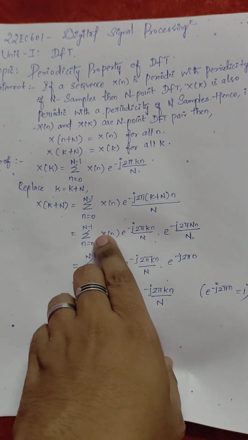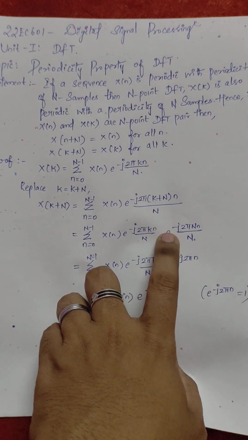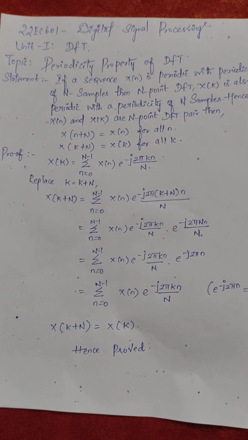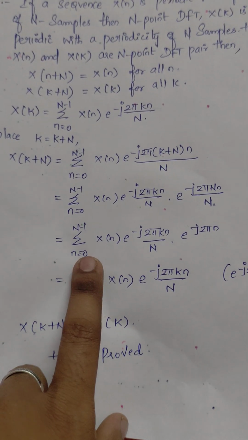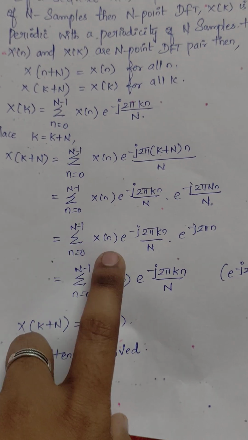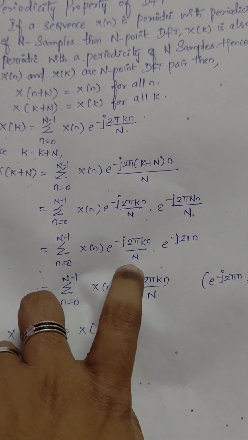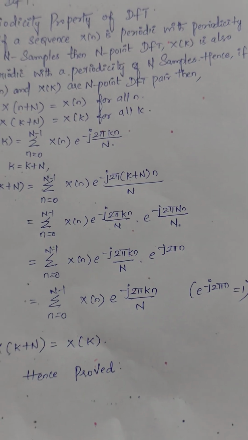Therefore, you will get x of n e power minus j 2 pi k n by capital N dot e power minus j 2 pi n. The N gets cancelled. So now you will get the answer: summation n equal to 0 to N minus 1 x of n e power minus j 2 pi k n by capital N times e power minus j 2 pi n. What about that capital N?